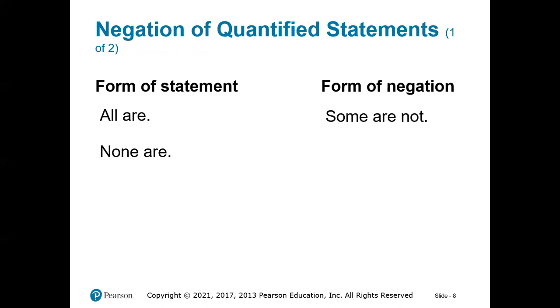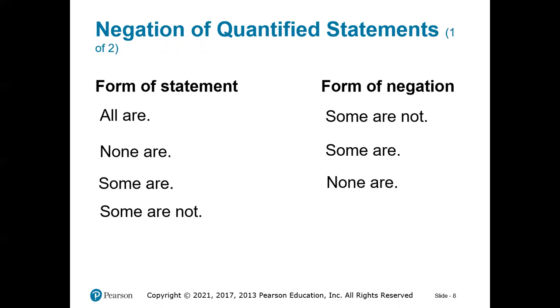So here's the table that will allow you to negate things properly. If you have the quantifier all are, the negation of it becomes some are not. So going back to the example I just told you, all students live in Florida, the negation of that would be some of the students do not live in Florida.